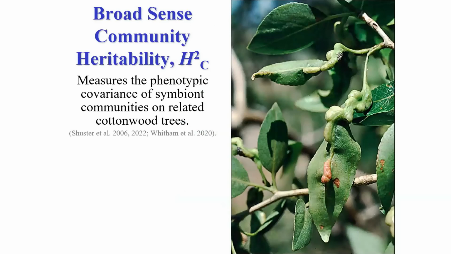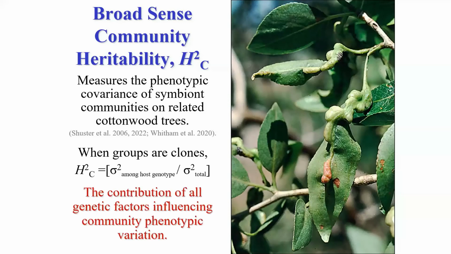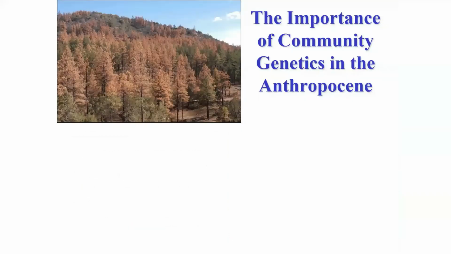Looking at the total variation in community phenotype, when groups of host organisms are clones, as they are in the cottonwood studies, broad sense community heritability equals the proportion of the total phenotypic variation that can be explained by host genotype. In other words, broad sense community heritability describes the contribution of all genetic factors influencing community phenotypic variation.